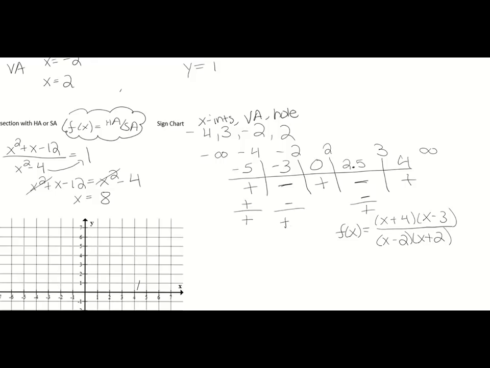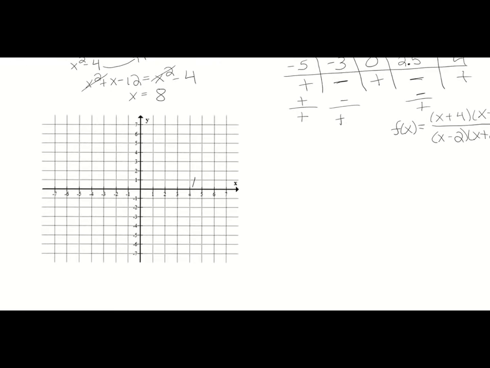So the first thing we want to draw is our asymptotes. So let's do that first. So let's do at -2 and 2, the vertical ones. And we had a horizontal one at 1.